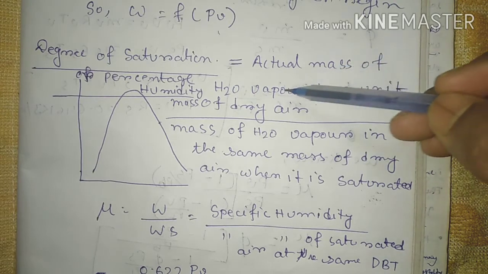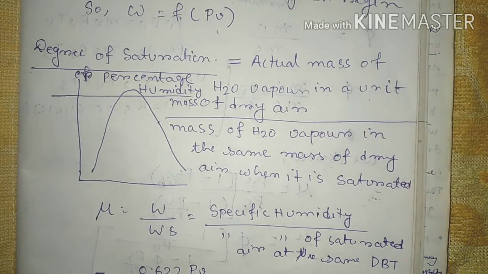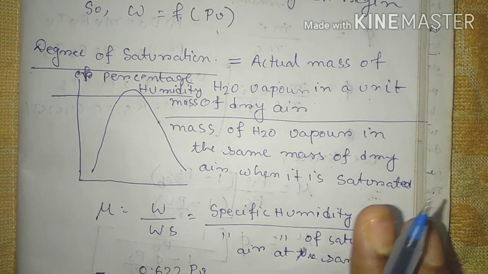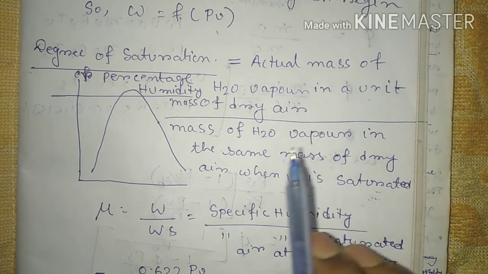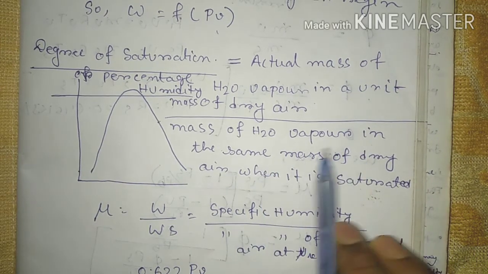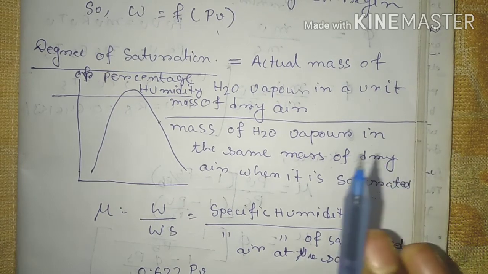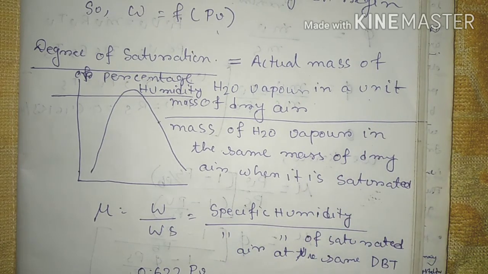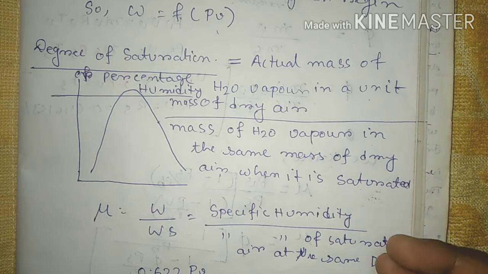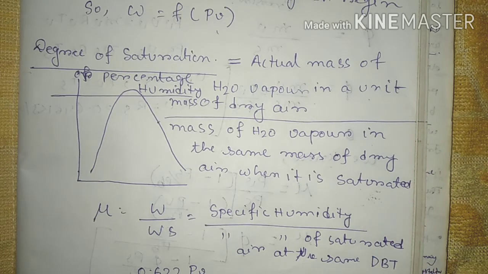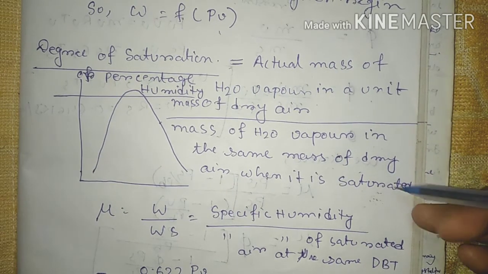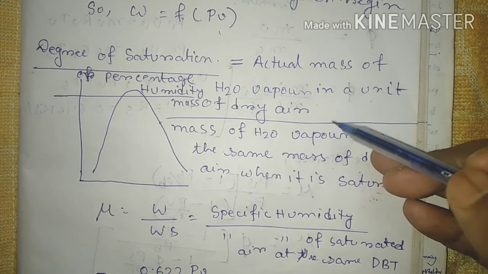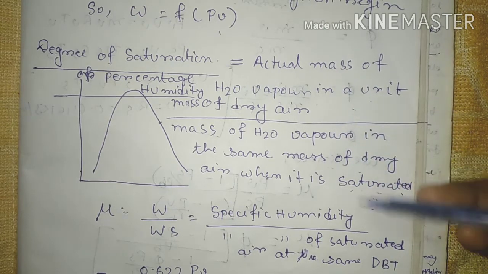So in a unit mass of dry air, what amount of actual mass of water vapor is present, compared to the mass of water vapor present in the same mass of dry air when it is saturated. So it is a ratio between the unsaturated or normal case, and when it reaches the saturated state. So this is the ratio.